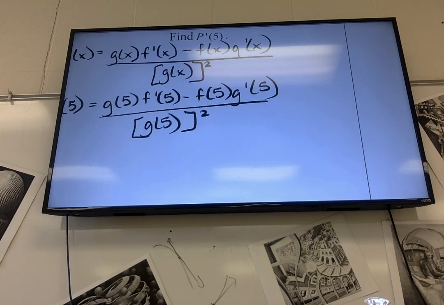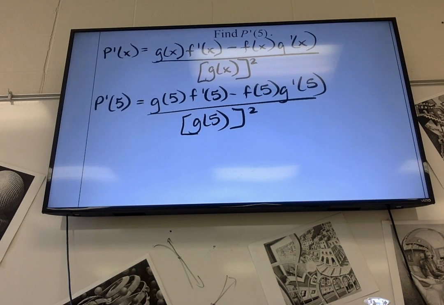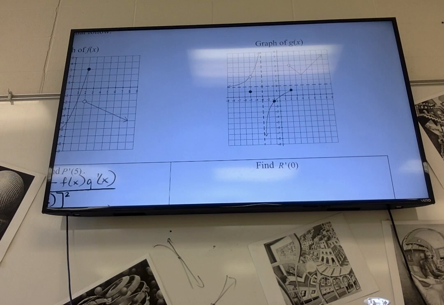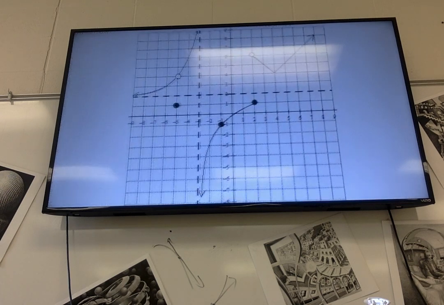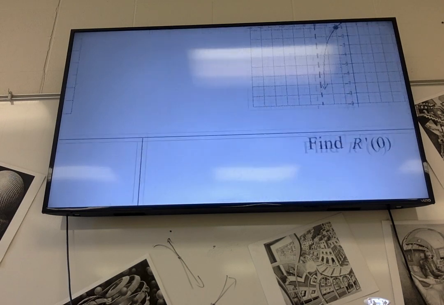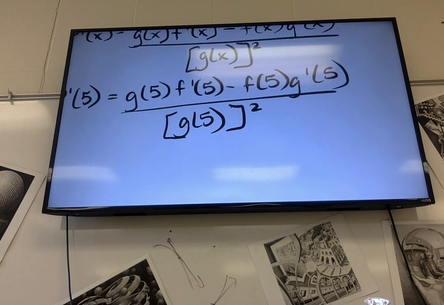So now we just use those graphs. G of 5, we look up here at the picture. G of 5 is how much? 5. It's right there. It's 5.